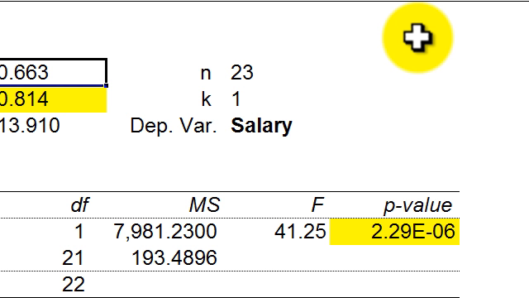Basically the bigger the number, the better the predictor, the better that your independent variable is at predicting your dependent variable. And this is used as a percentage. So basically we can say here 66.3% of the variation in salary is explained by age.